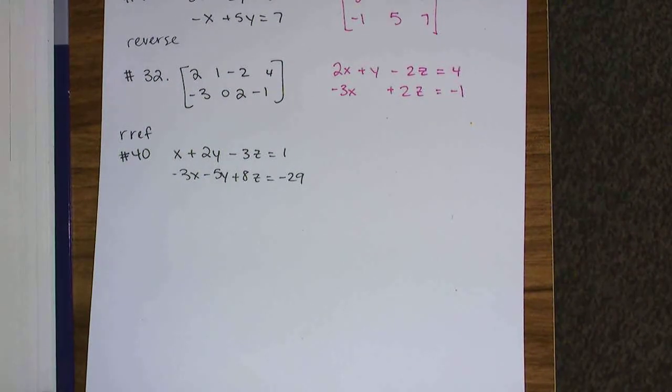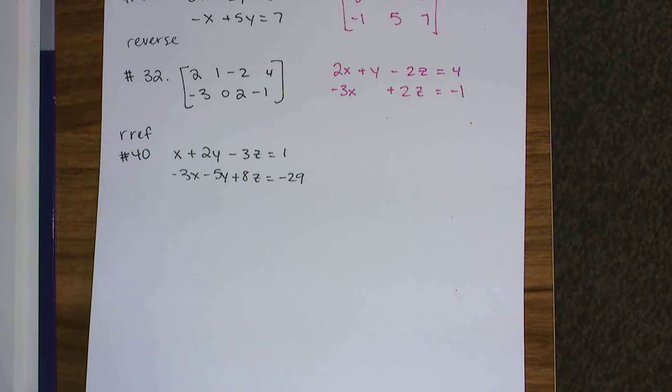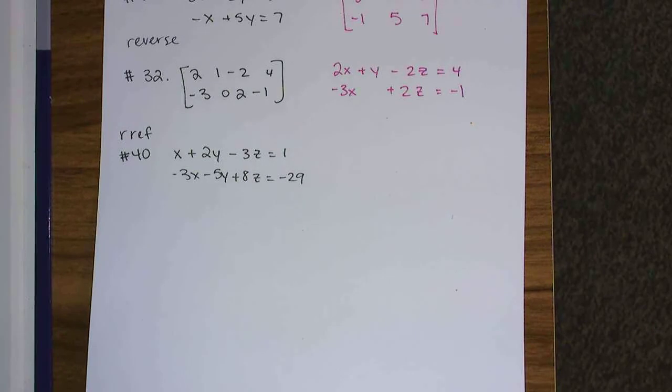So here I need to row reduce this, but I need to set it up as a matrix first.